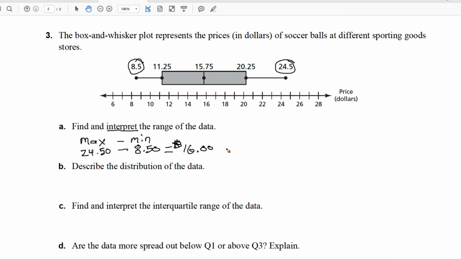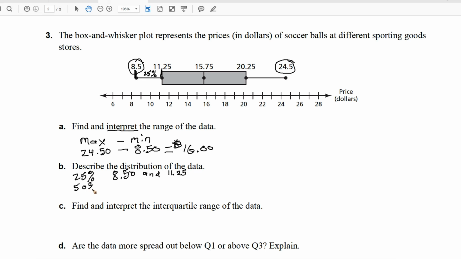Okay, describe the distribution of the data. Well, here's 25% right here. So 25% of the data or prices are between $8.50 and $11.25. Now the next most common thing is to do 50%.